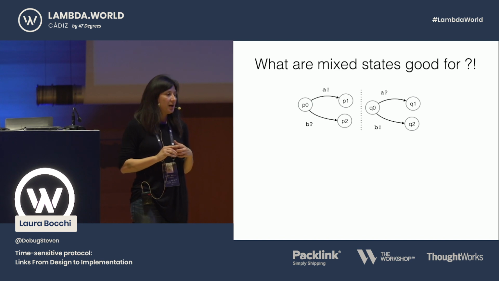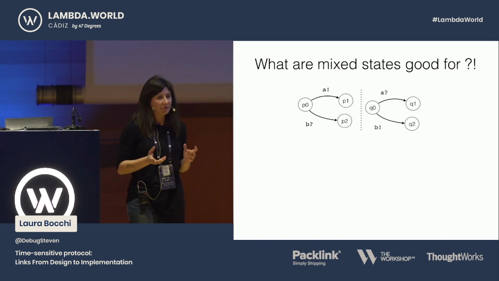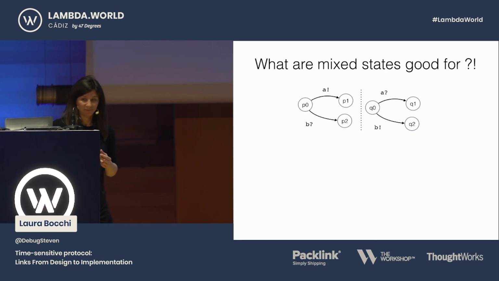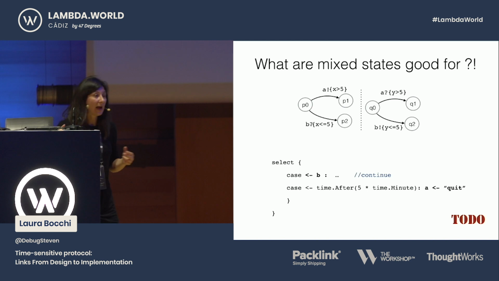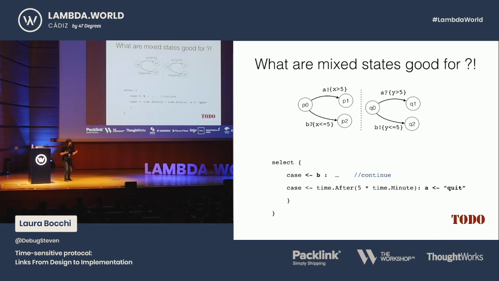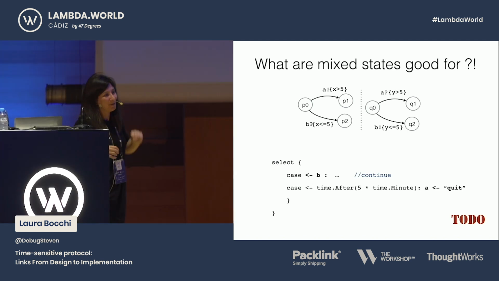A case in which you may either send or receive while you are doing a program. Timeouts, right? You may have a server that says, okay, I'm waiting for 5 minutes. If you send me nothing, then I send you quit, and game over, okay? And so it's a bit sad that we don't have timeouts. This is ongoing work.